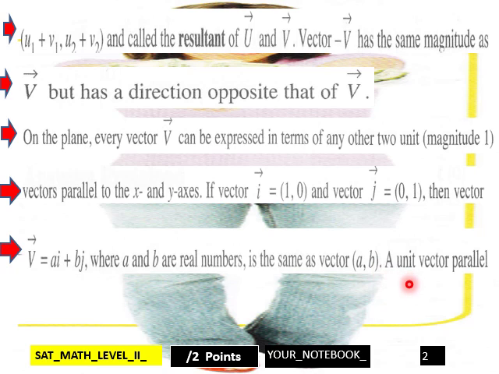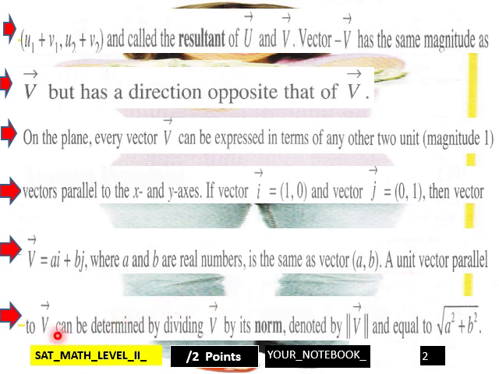A unit vector parallel to vector v can be determined by dividing vector v by its norm. Remember what norm was? It is denoted by these two bars on each side of v, and equals the square root of a squared plus b squared.